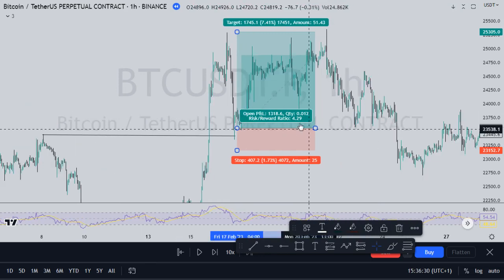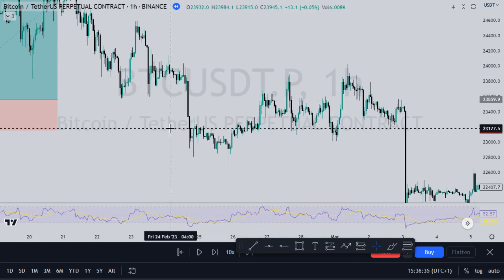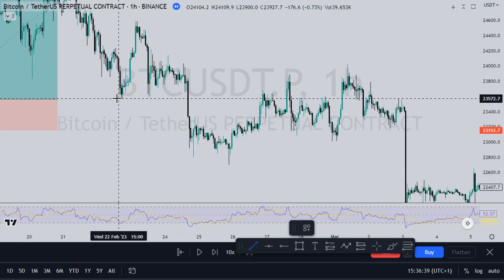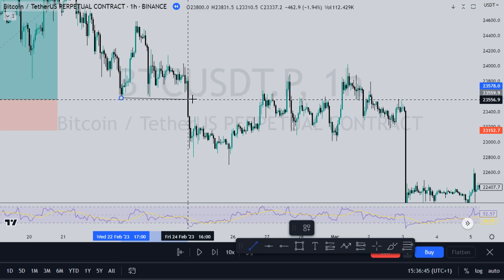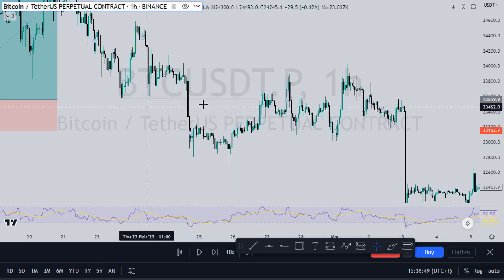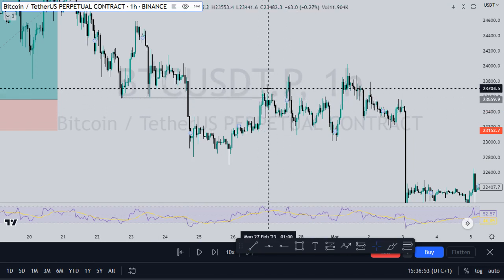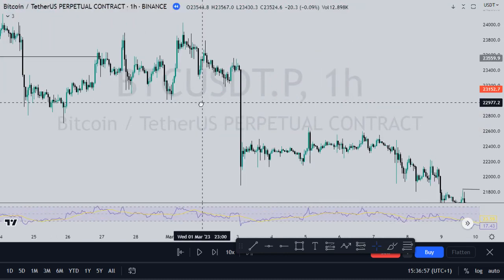The same thing happens in the downtrend. The swing lows are the resistance level for a downtrend. Look at this one here. The swing lows. So you can see price came here, then there was a smart money manipulation before price started trending down.